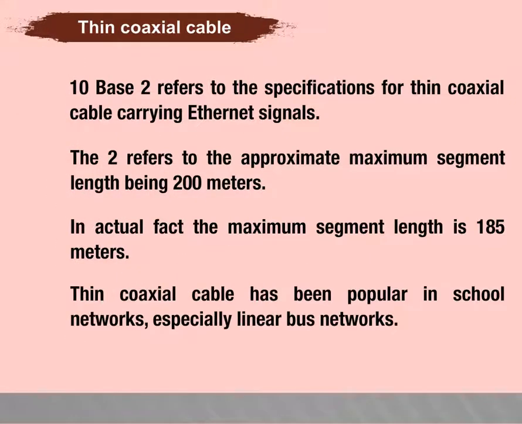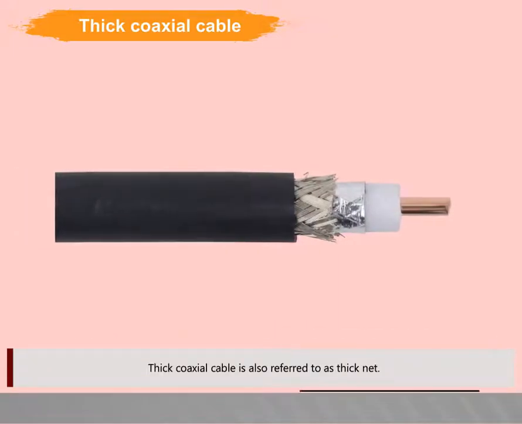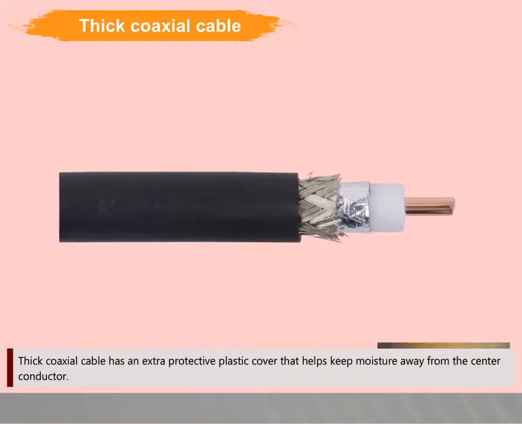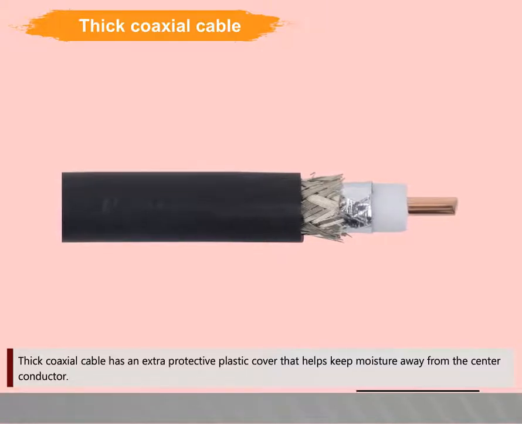Thin coaxial cable has been popular in school networks, especially linear bus networks. Thick coaxial cable is also referred to as thicknet. Thick coaxial cable has an extra protective plastic cover that helps to keep the moisture away from the center conductor.